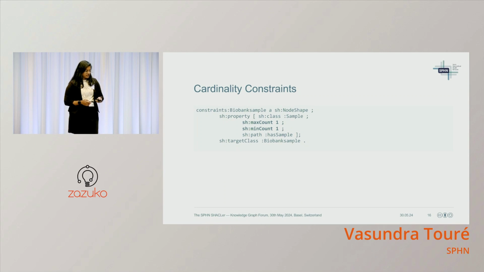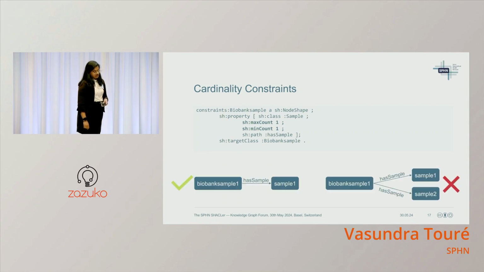In our schema, we have information about the minimum and maximum amount of predicates one instance can have. In this example, you can see that the biobank sample must have at least one sample, but it can only have one at most. If you see the example on the left side, this would be validated, while the one on the right side, which has 2 samples, will throw an error.